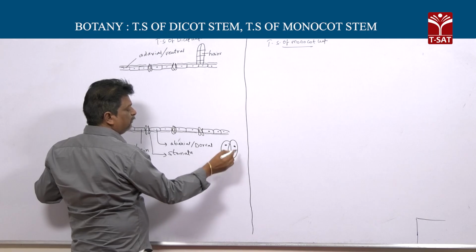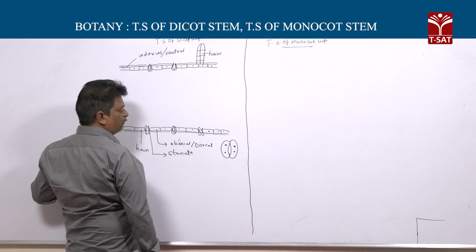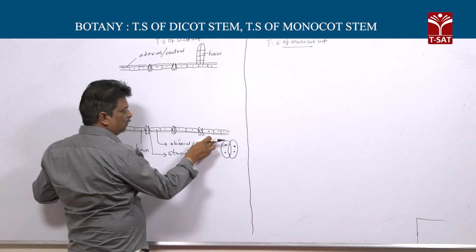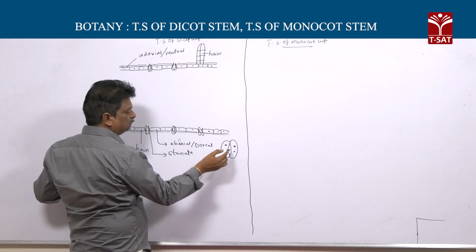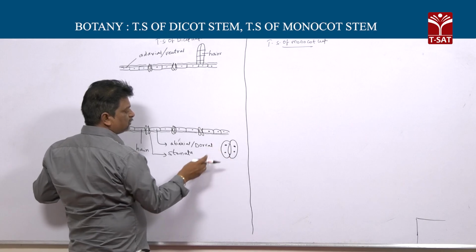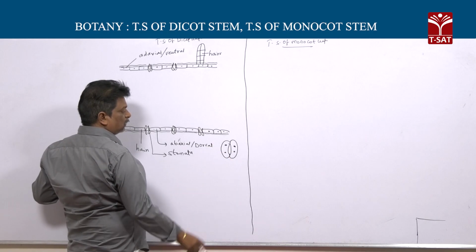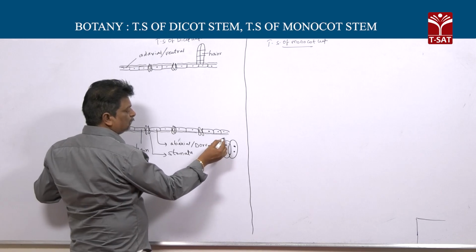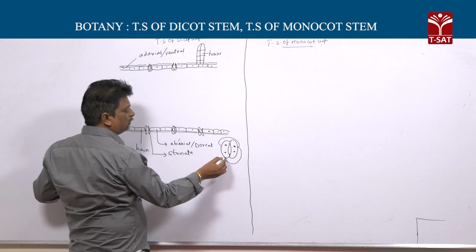They are reniform, or kidney shaped or bean shaped, having chloroplast, and they regulate opening and closing of stomata.